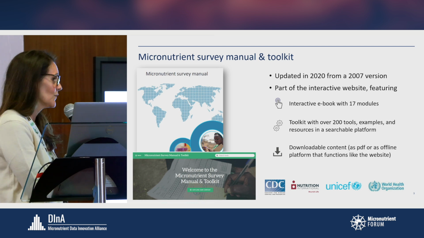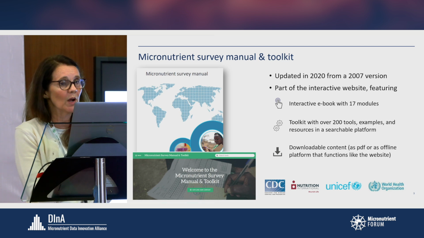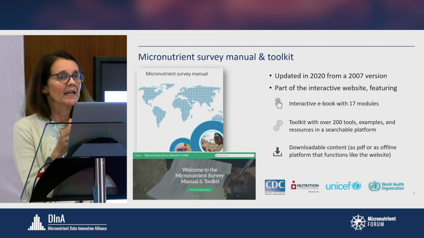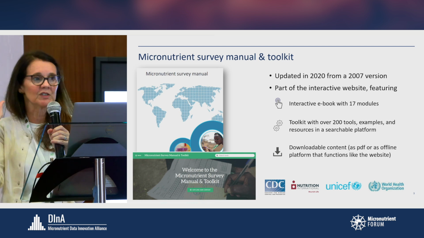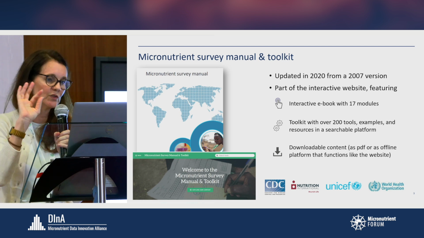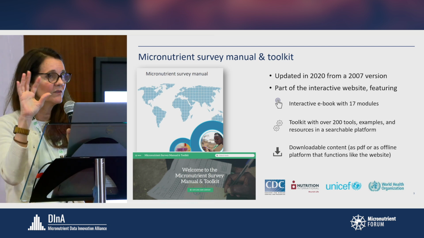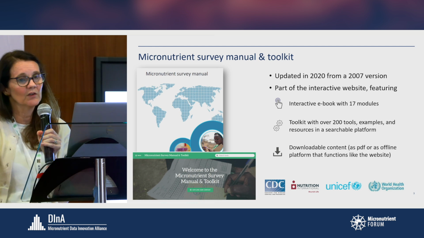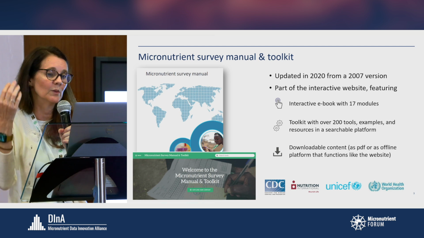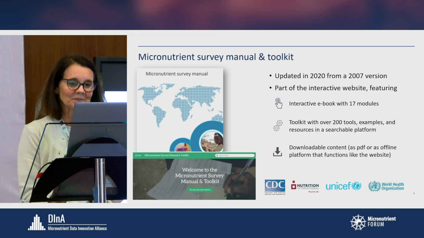It has lots of different tools and toolkits or tools that are provided to help implement some of the recommendations within the manual. And you can search for these tools. So if you know specifically some area of work that you need to focus on, then you can search for these different tools. So online, it's very interactive and useful, but if you need it for offline purposes, you can also use it as an offline platform. You can download it and take it with you wherever you need to go as well.